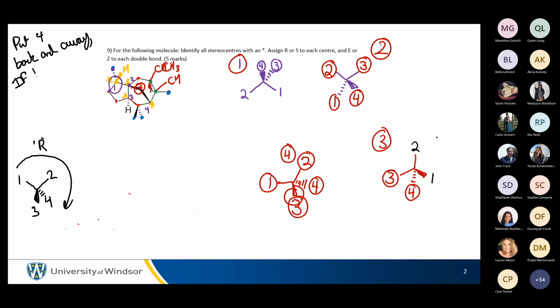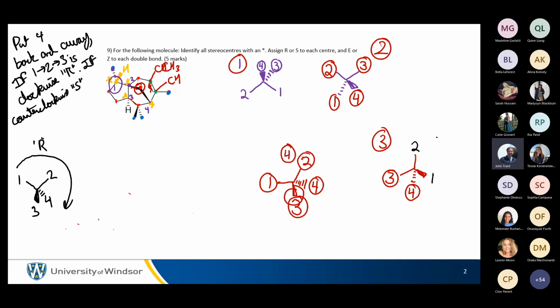If 1 to 2 to 3 is clockwise, R. If counterclockwise, S. That's it.